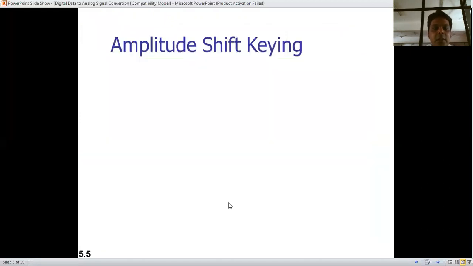Now we'll see the first digital data to analog signal transmission technique, that is amplitude shift keying. Amplitude shift keying is implemented by changing the amplitude of the carrier signal to reflect the amplitude levels in the digital signal.